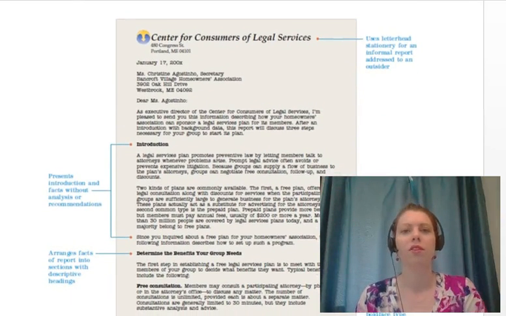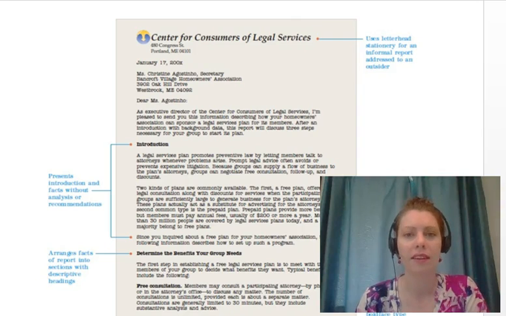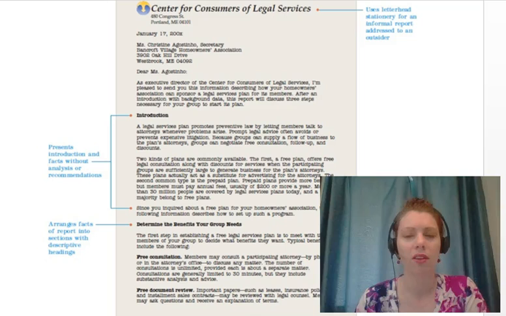Okay, so we have the letterhead at the top and the date and the addresses, and then it is a reply letter to someone named Miss Agostino. It's hard for me to read it on these screens too.